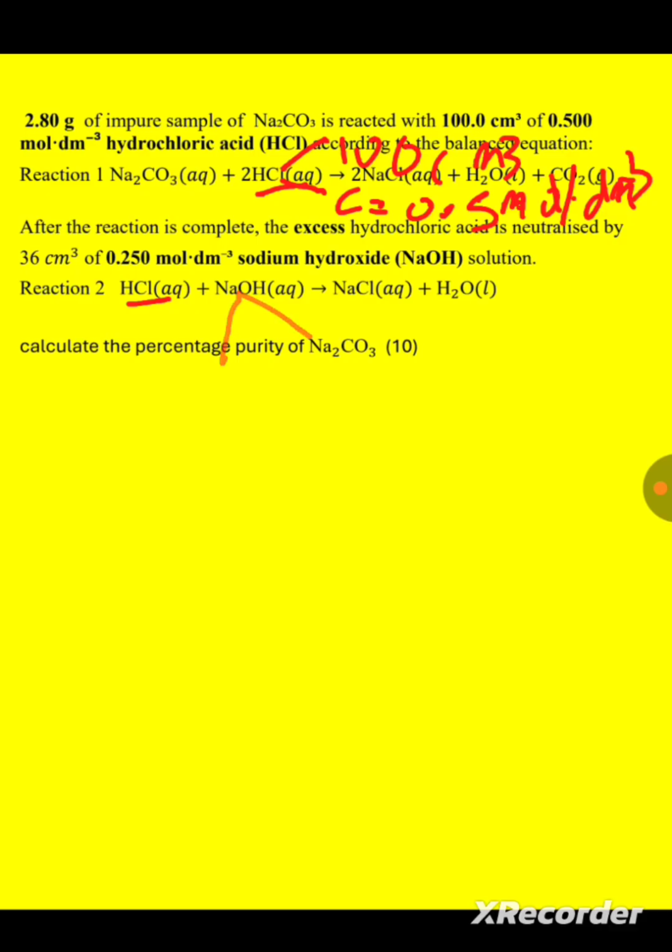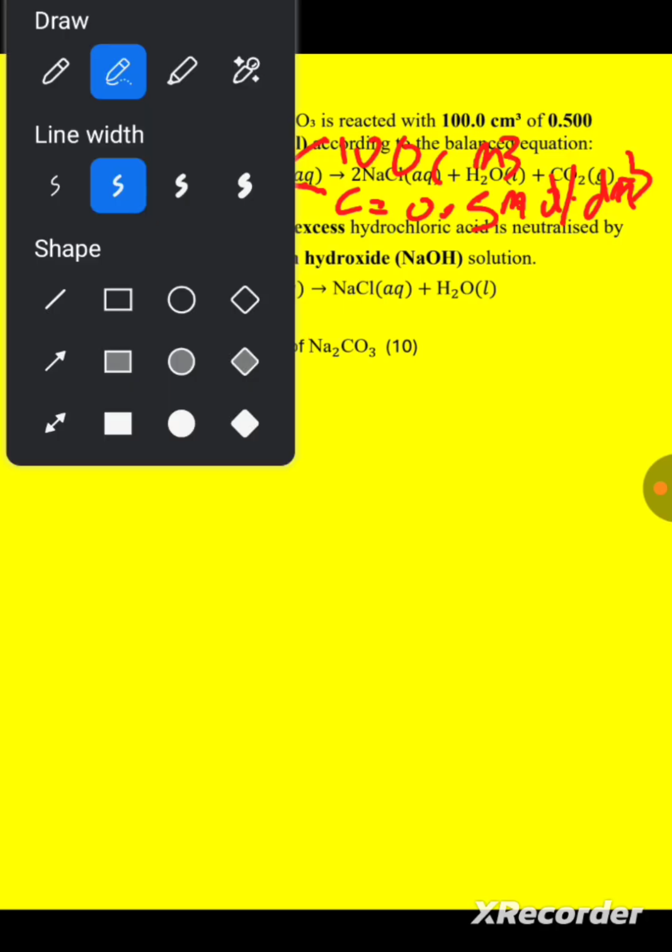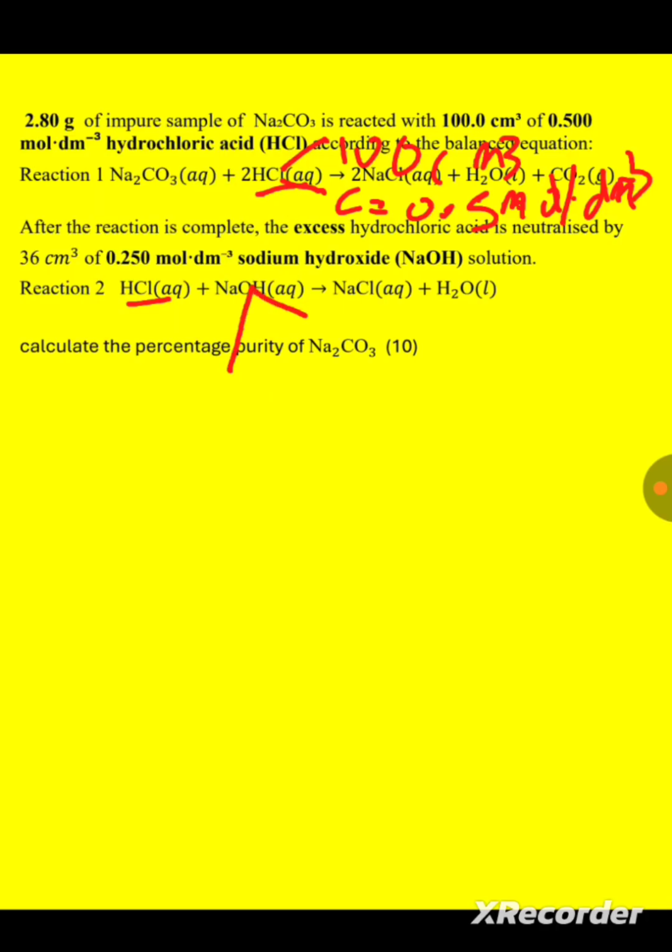You're given a volume of 36 cubic centimeters, and you're given 0.25 mole per cubic decimeter. That is concentration, and this is volume.